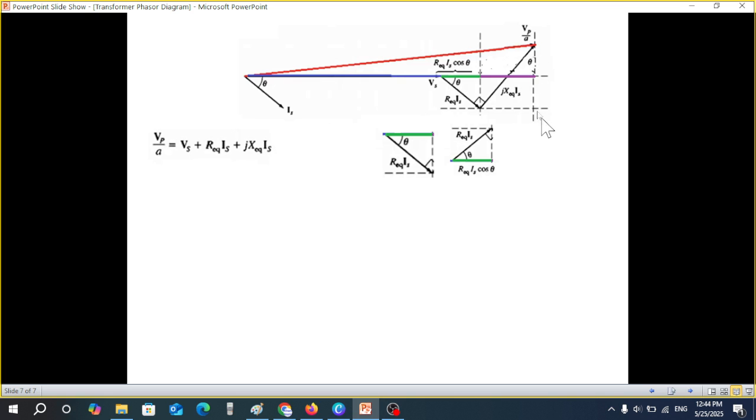Once we have put in the theta, we are still going to find this length. So I have cut this portion as it is, and then flipped it in a manner with which we are more familiar.